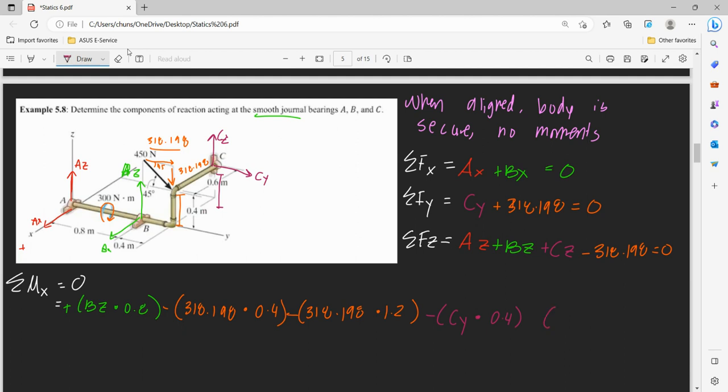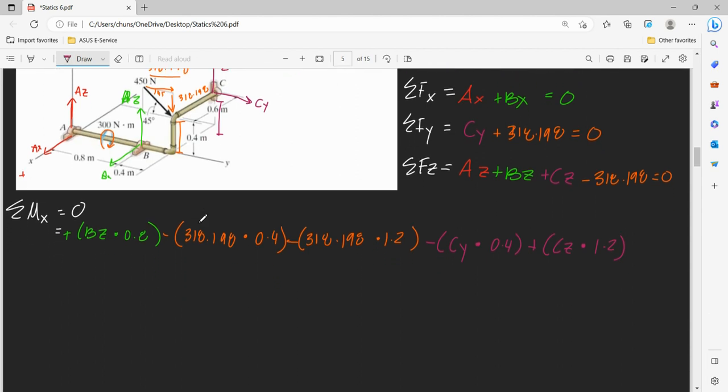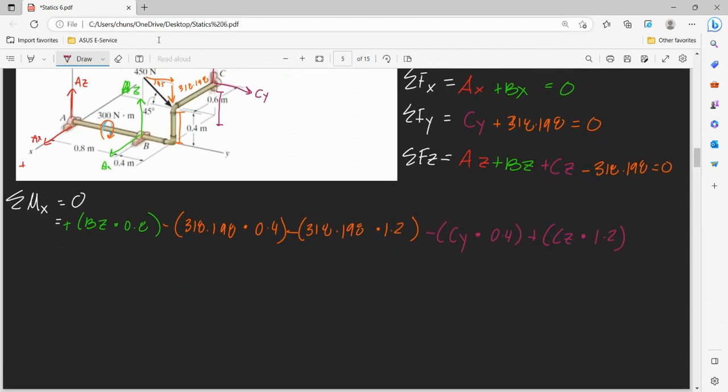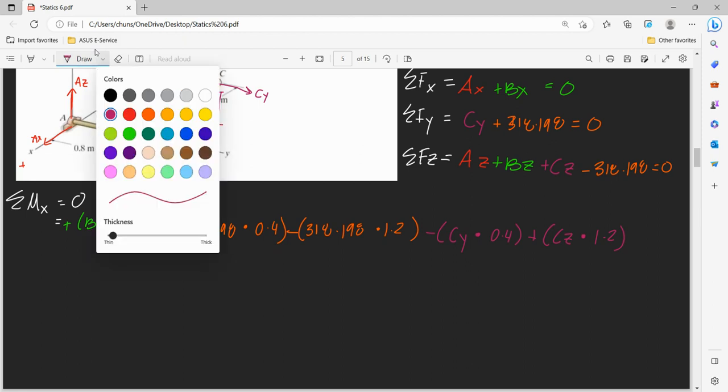And finally we have cz, and we're going to use our y distance to get to x. So this is 1.2 again. It's pointing upwards, and this is in our positive direction. Okay, so this one has 3 unknowns, so maybe we will not use that one for now.